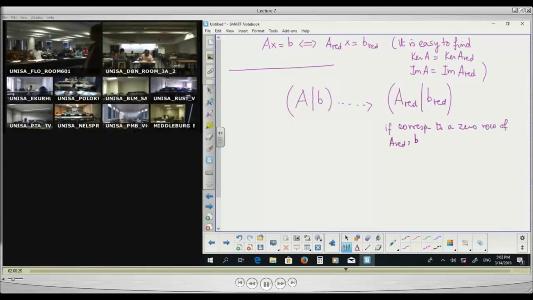Okay? It is exactly one solution when the kernel is only zero. Right? That means when the kernel is only zero, you know its rank is the same as the number of columns. Right? And otherwise, it has solutions.